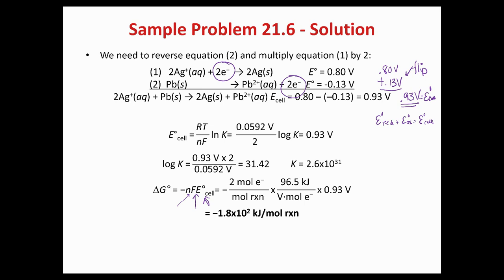As expected, the process is spontaneous, so delta G is negative. One note here: what did they do? They plugged it in kilojoules, just because delta G's are normally given in kilojoules, but you could have used the other value and then gotten the answer in joules.